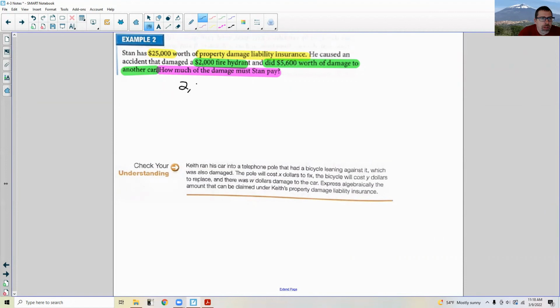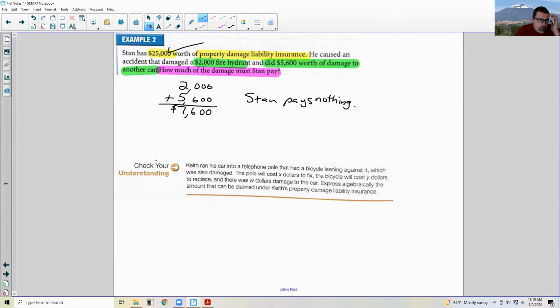The $2,000 to the hydrant plus the $5,600 damage to the car is a total of $7,600 damage to the 2 items. That is less than $25,000. So Stan pays nothing. Okay. Stan does not have to pay anything. It's below the $25,000 property damage liability insurance.